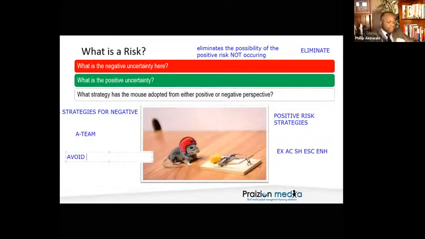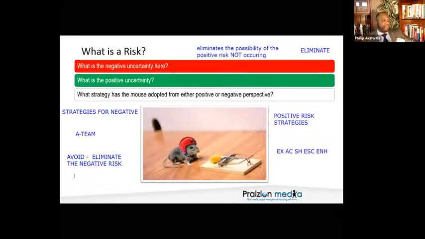In terms of avoid, we are going to eliminate the negative risk. You see, there's a difference here between eliminating the uncertainty with the negative risk versus eliminating the uncertainty with the positive risk. You see? So you need to be ready for the word eliminate if you see it.